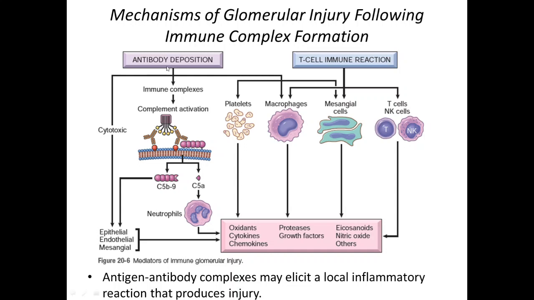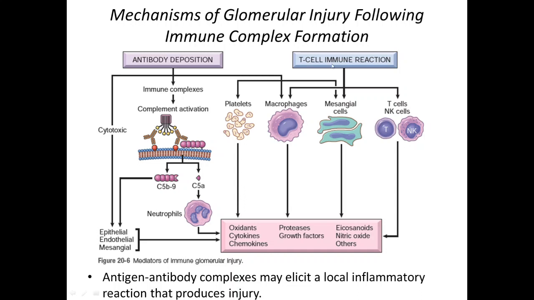Activation of complement under the antibody deposition, under the immune complexes, results in generation of chemotactic agents, mainly neutrophils, which release and activate proteases, which cause degeneration of the glomerular basement membrane, cell damage, and of course oxygen-derived free radicals, which contribute to the reduction in the glomerular filtration rate.